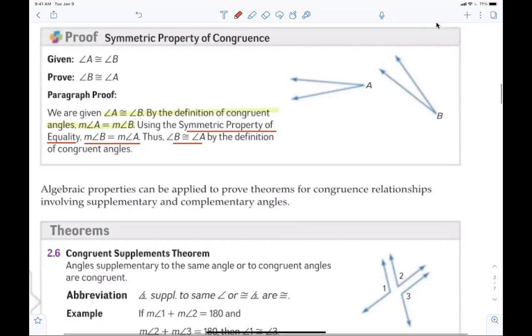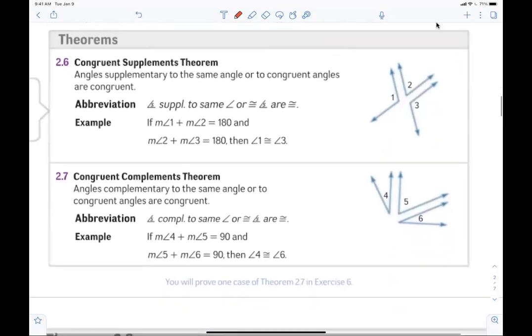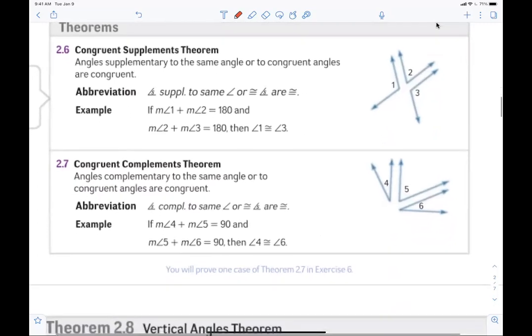Now, let's look at the next one. The next one talks about the congruent supplement theorem. Please watch this one because they use this some. It says angles that are supplementary to the same angle or to congruent angles are congruent.